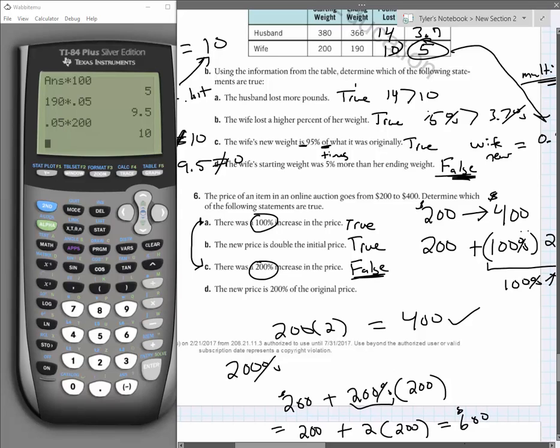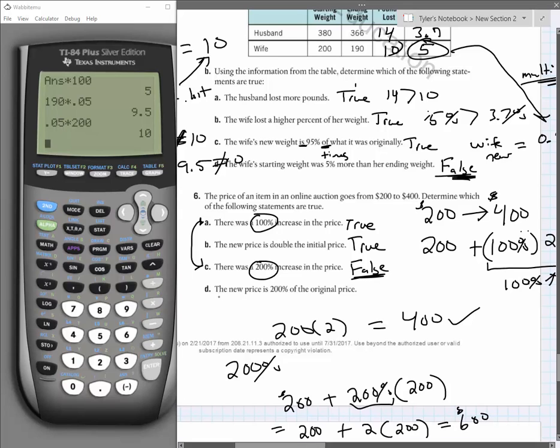So you can see it actually ends up tripling. A 200% increase is the same thing as tripling, whereas a 100% increase doubles. So this question is just meant to get rid of that misconception that some people have, right?